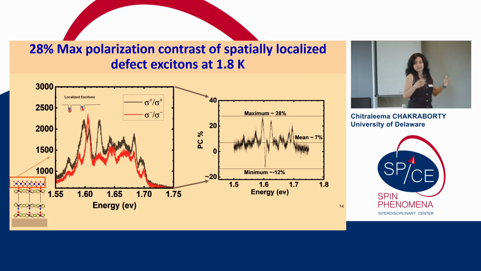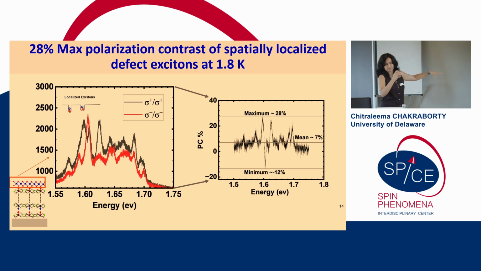So spatially localizing enhances the contrast because you are getting the advantage of spatial localization. This is what we get with the spatially localized quantum emitters when we use these excitons to study the interaction with the CrPS4. All of these experiments were performed without any magnetic field.